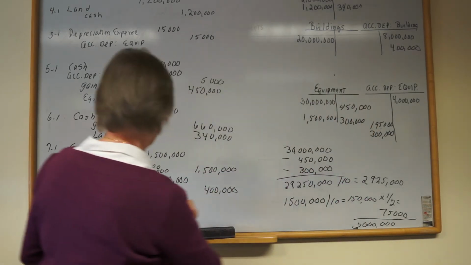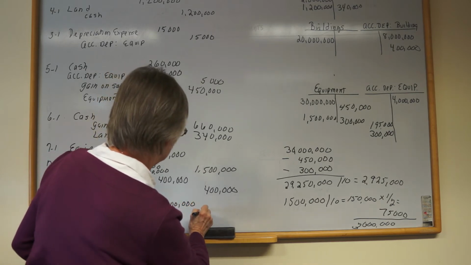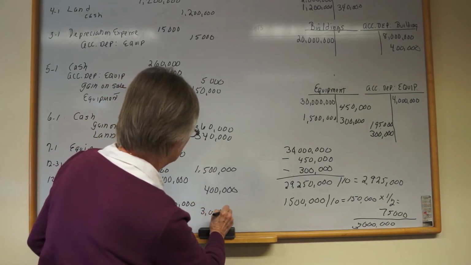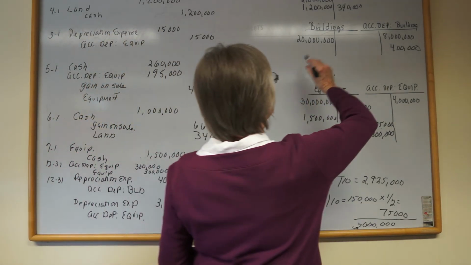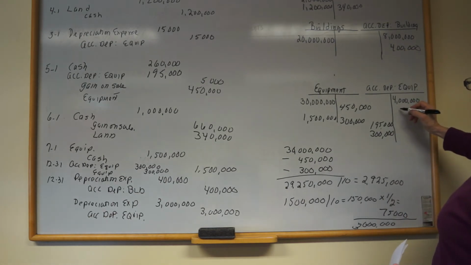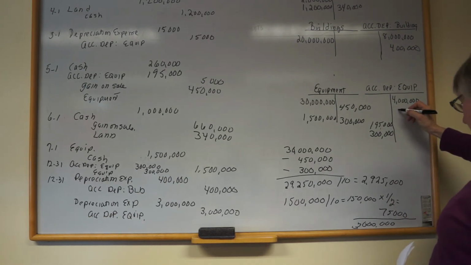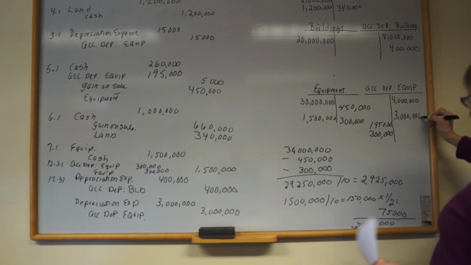So we would go depreciation expense, 3 million, and accumulated depreciation, 3 million. Okay, so we would have our equipment accumulated depreciation here. We've just added 3 million.